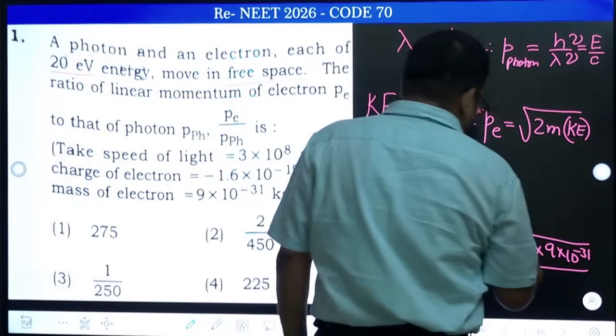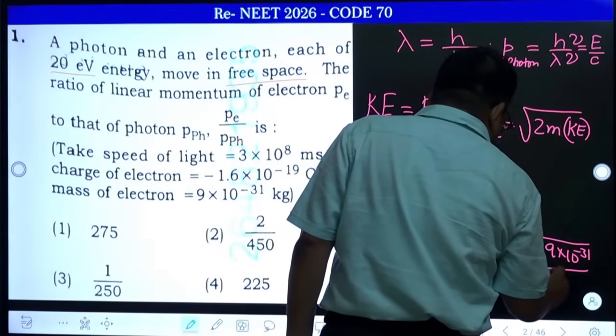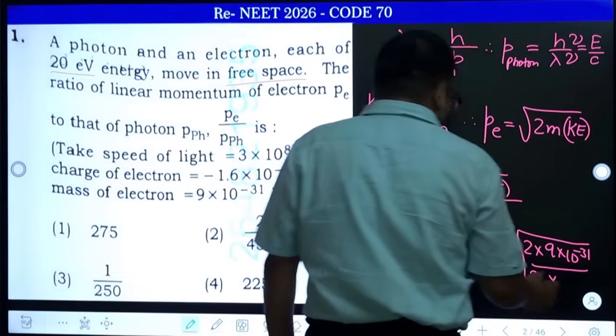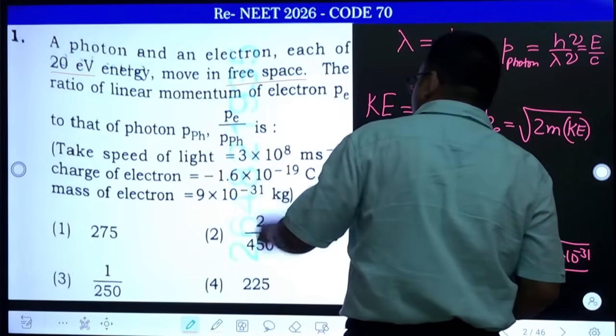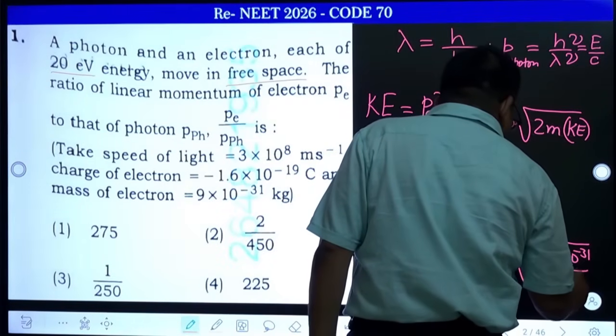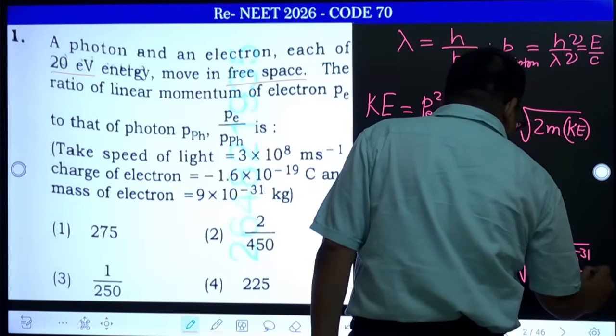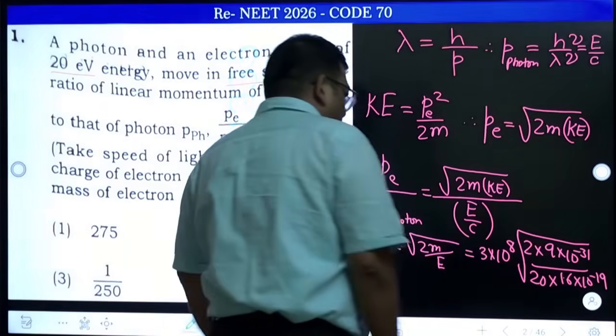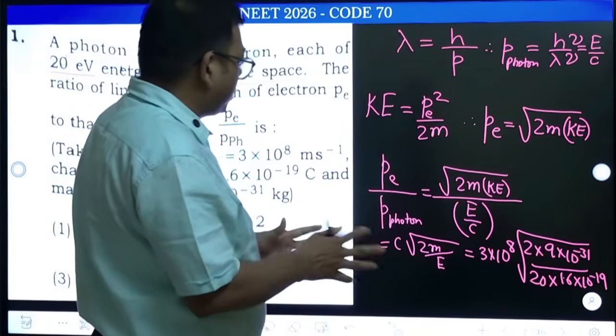We have to convert it, so 20 electron volt means we have to use the value 1.6 into 10 to the power minus 19. So some simplification definitely will happen.